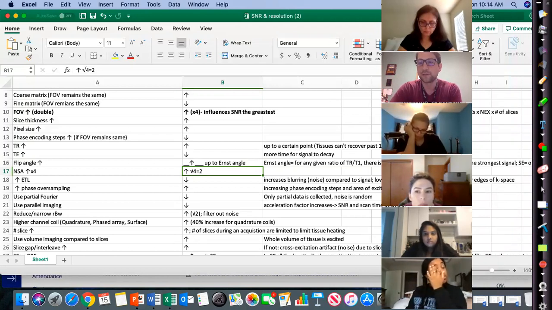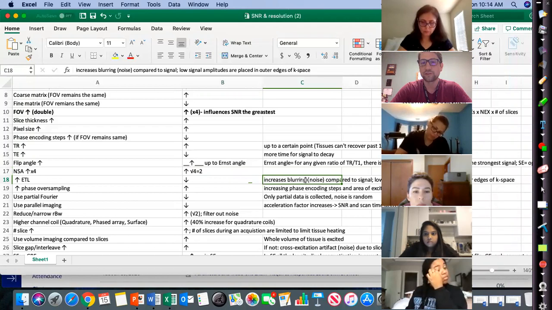Those low signal amplitudes get placed in the outer edges of K-space, which is your spatial resolution. You don't really need to know this one for the test, but this is why, when somebody increases their echo train length, your signal drops. Your scan time goes down, which is a good thing, but your signal drops because you get more noise, which causes blurring.